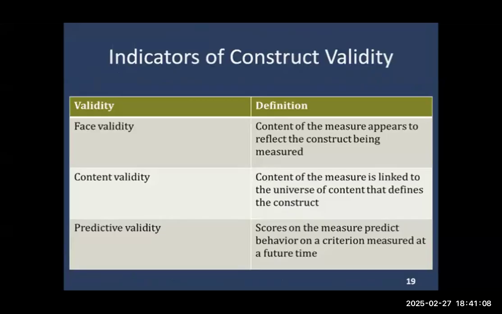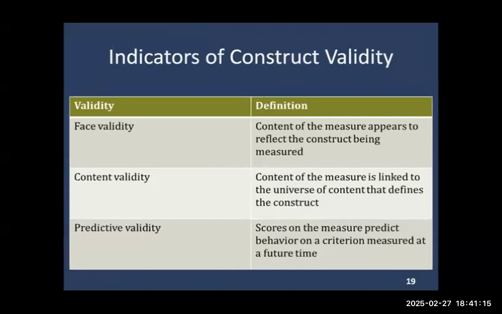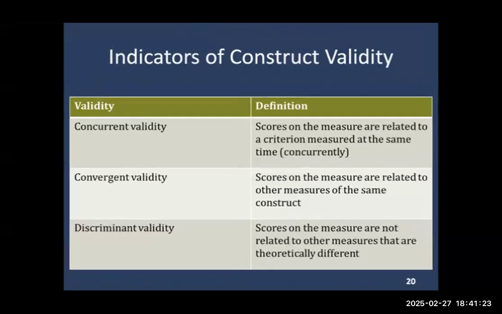Predictive is part of criterion validity, along with concurrent, convergent, and discriminant validity. So base, content, and criterion validity are three main subtypes. Predictive, concurrent, convergent, and discriminant are subtypes of criterion validity. And yes, you need to be able to distinguish from among the different types of validity.